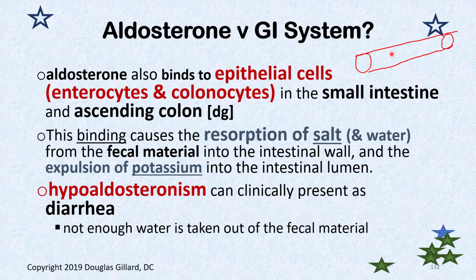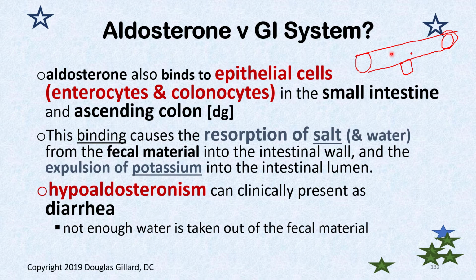If you think of the intestine as the nephron, the lumen of the nephron, or the distal convoluted tubule, or the collecting duct, it's kind of the same deal. Here's an enterocyte. Just think of that as a principal cell. It's the same kind of principle.